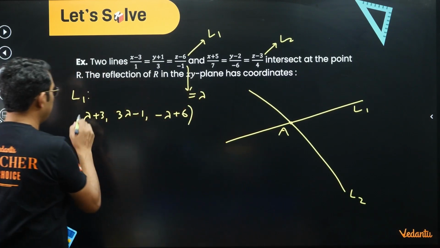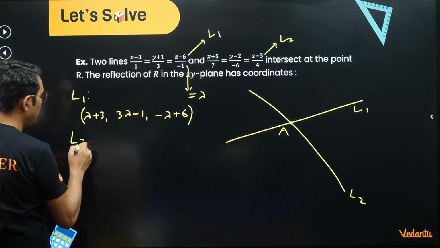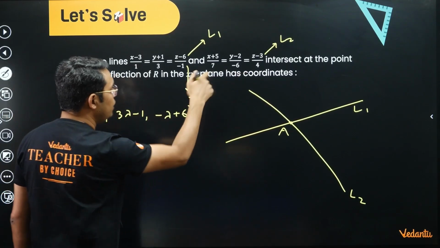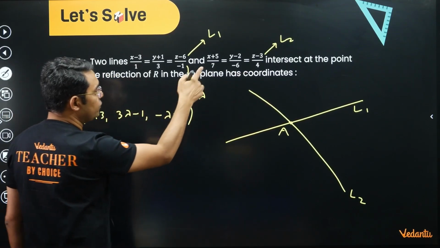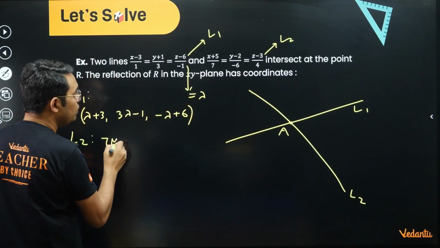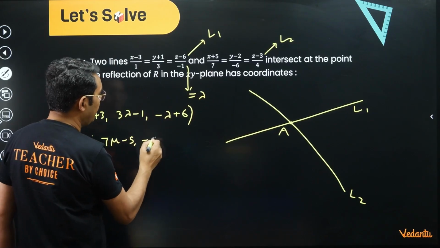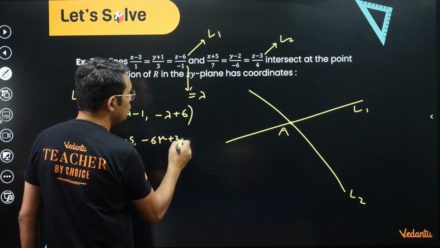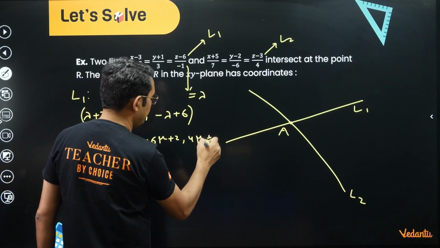Okay, now this has to be equal to one point on line L2, and this time I will take this in terms of mu. So 7 mu minus 5, minus 6 mu plus 2 and 4 mu plus 3.